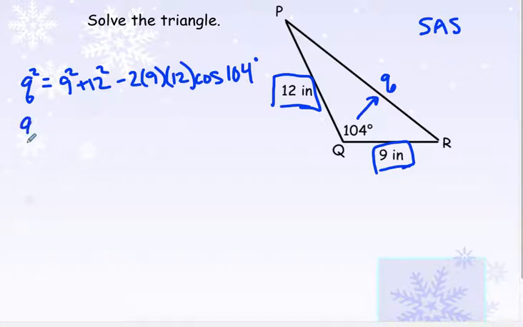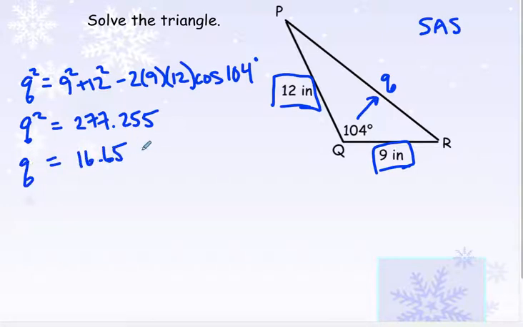So you would type all of that in your calculator and you're going to get 277.255, and remember you need to take the square root of that. So little q will be 16.65, and our sides are measured in inches.